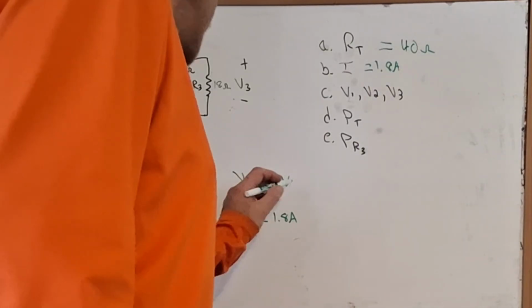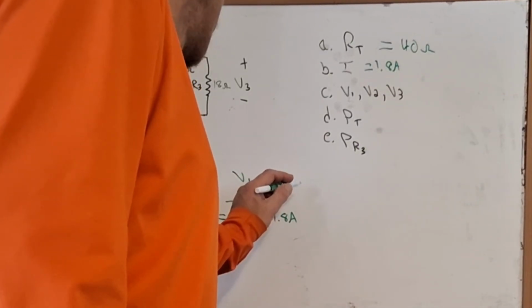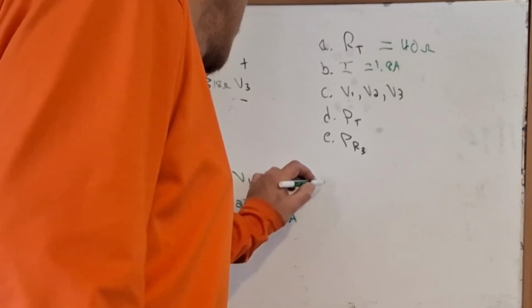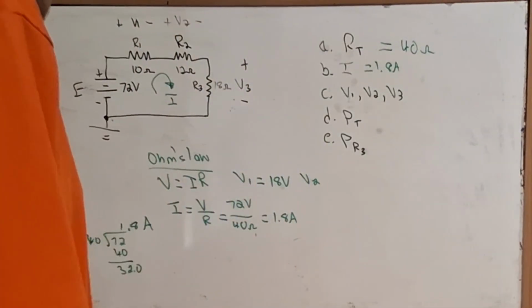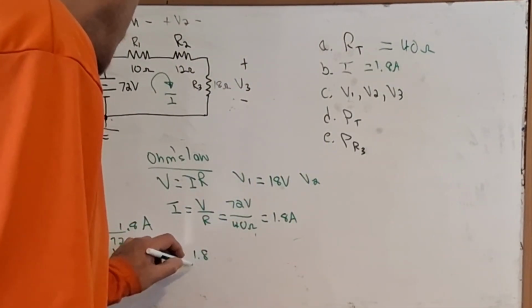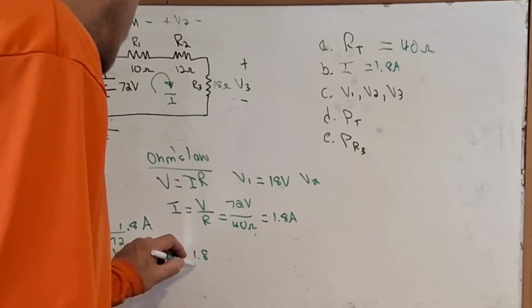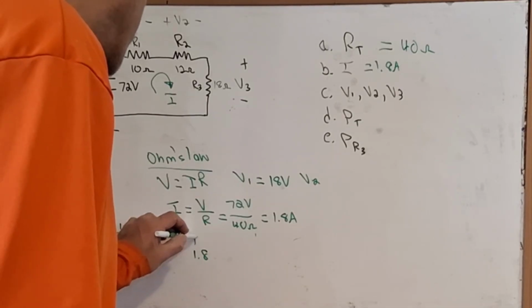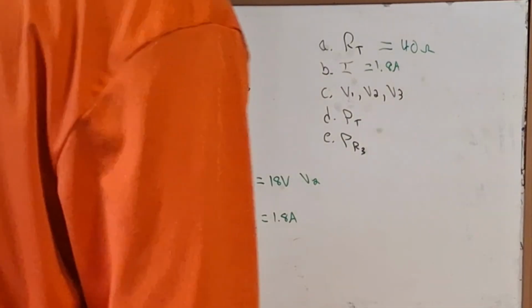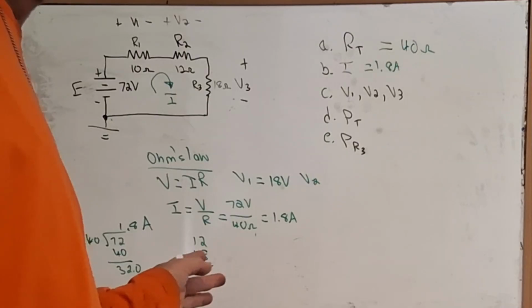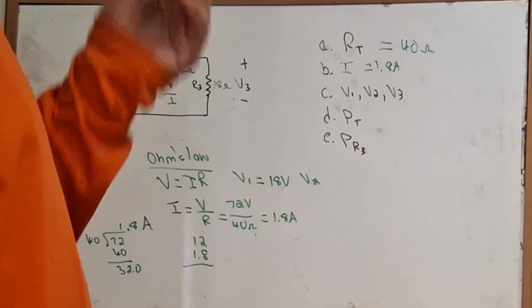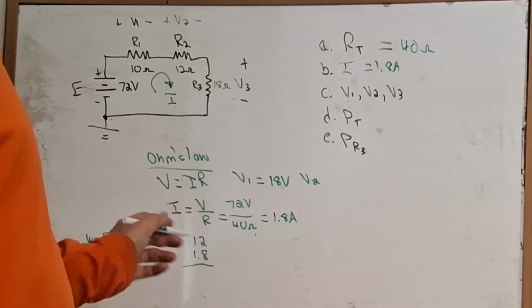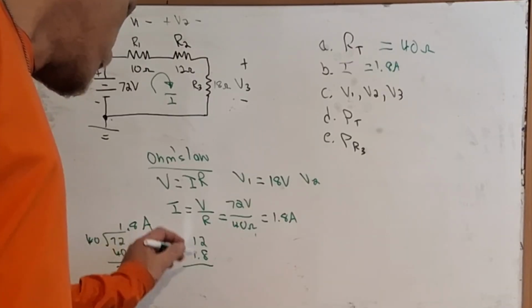What about R2? Well, V2 is going to be equal to 1.8 times 12, with the 12 on the top. Now, when you're dealing with decimal values, it's best to just bring it down when you're done with it.